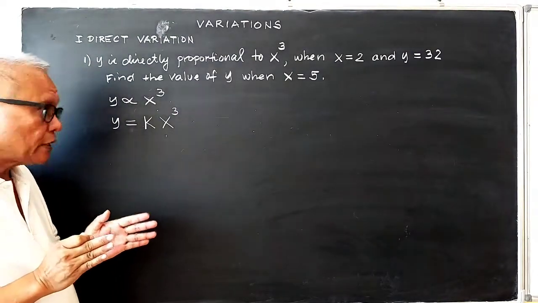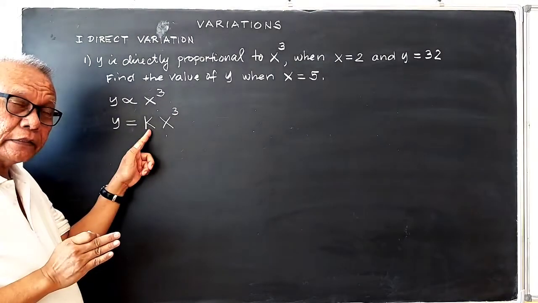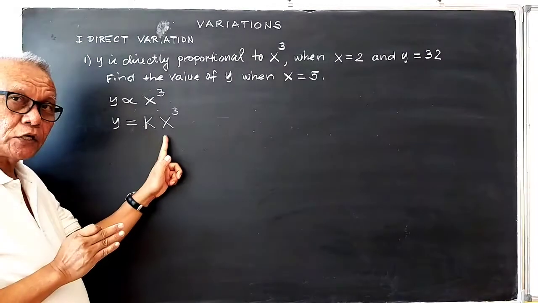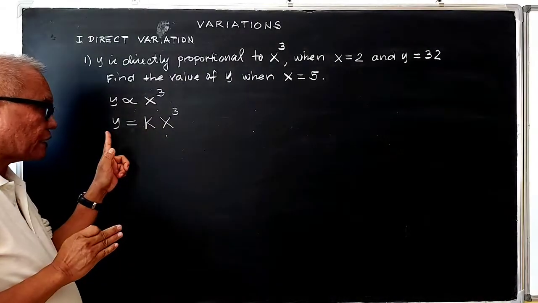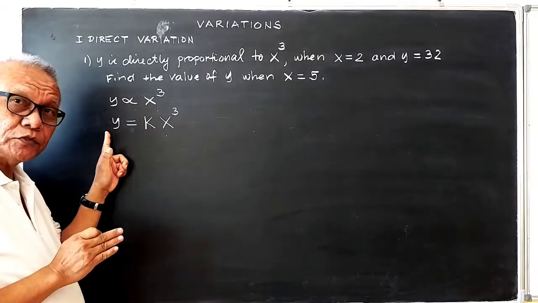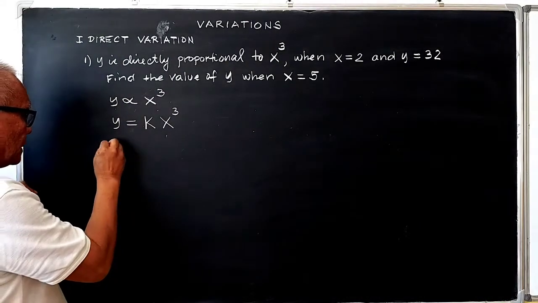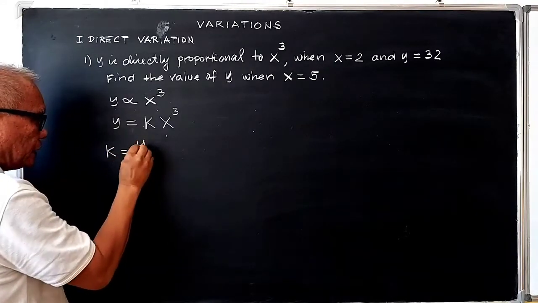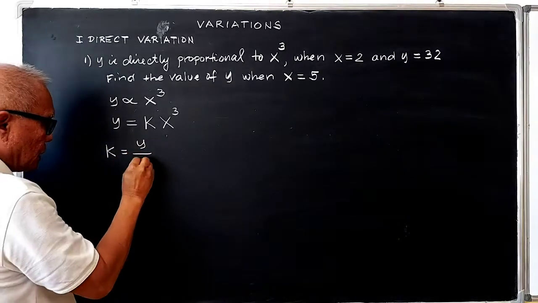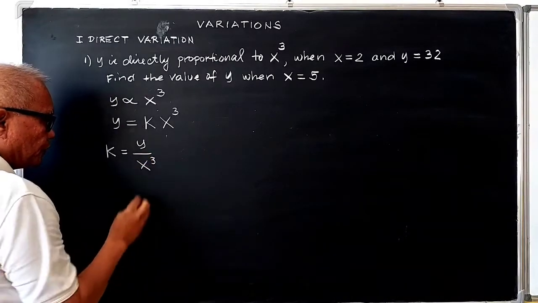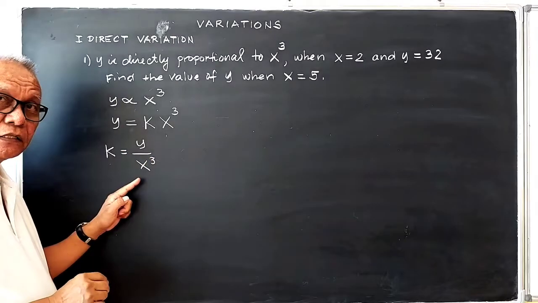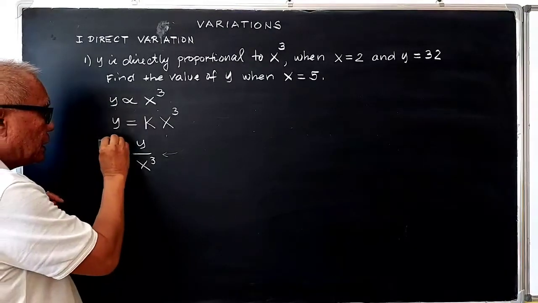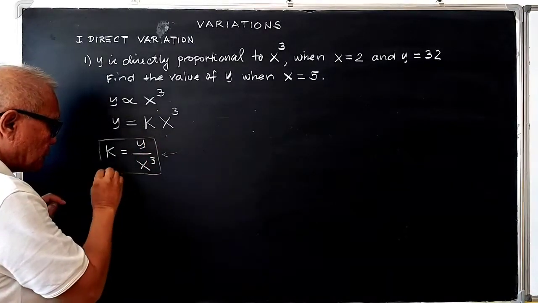Then afterwards, we solve for k. How do we solve for k? We divide this by x cubed. We divide also the other side by x cubed. So we have here k is equal to y over x cubed. And that is our constant. From now on, we will use this equation, class.